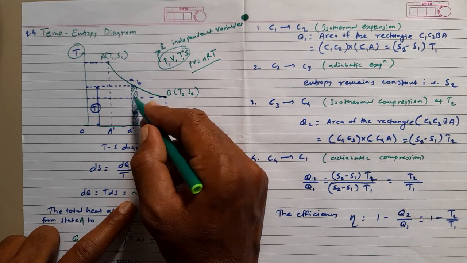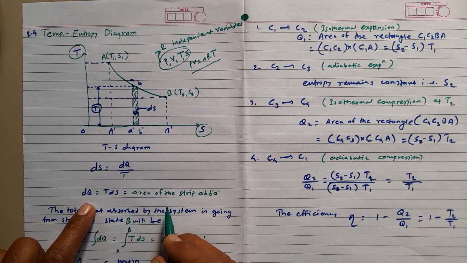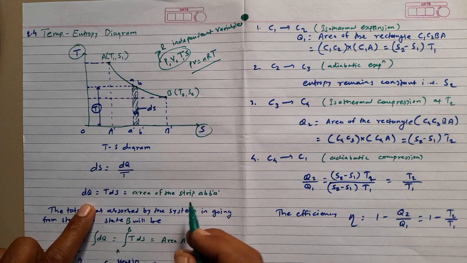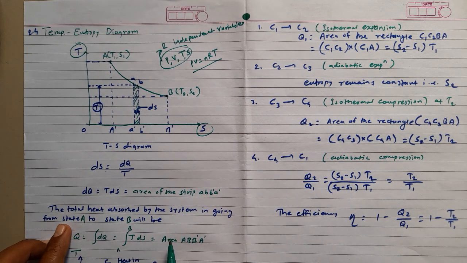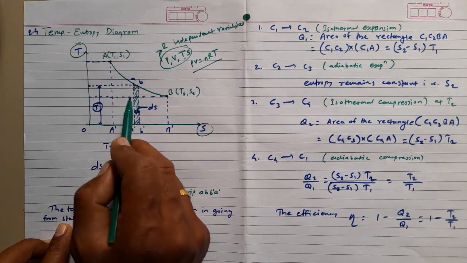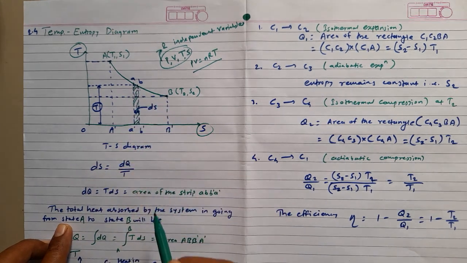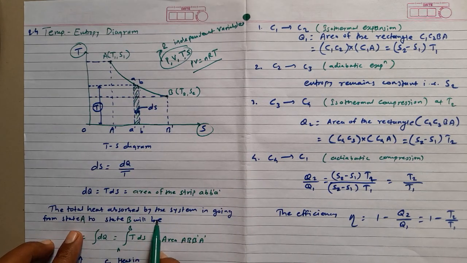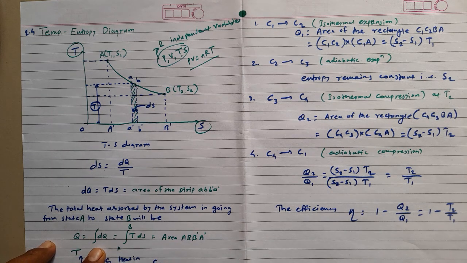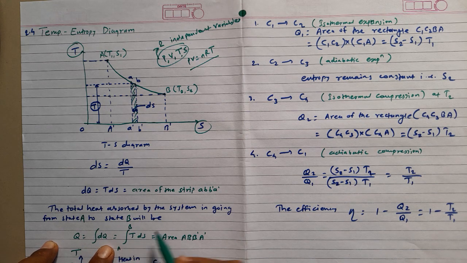The area of this strip gives the amount of heat change within the system, that is, the heat absorbed by the system in going from state A to B. Hence the total heat absorbed by the system when going from state A to state B is given by the integral of dQ from A to B, that is the integral of T dS.